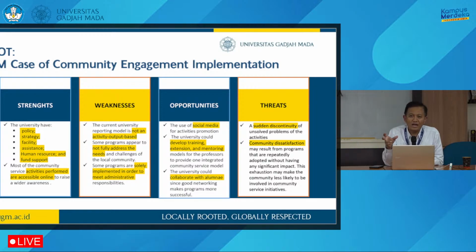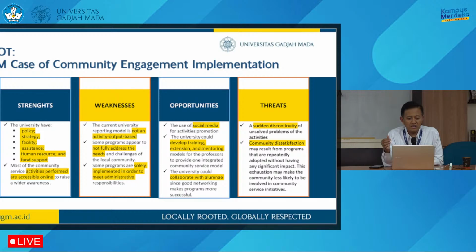We try to identify the strengths, weaknesses, opportunities, and threats. By using that kind of analysis, we can improve. We can use this as a baseline to make better activities in the future.